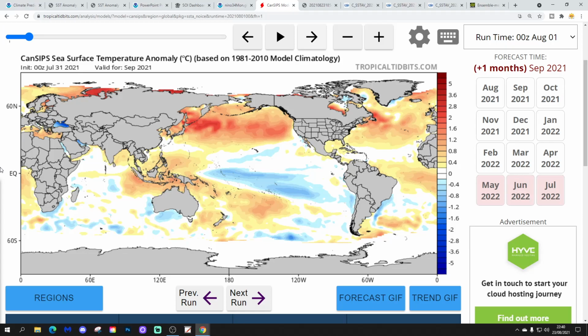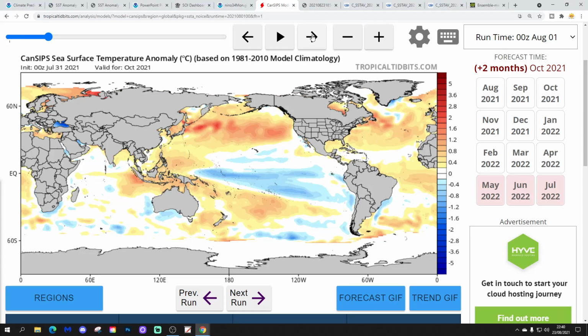That's how September looks. So that warmer than average area of sea surface temperature anomalies just sort of shrinks and fades away in the eastern part of the Equatorial Pacific Ocean in September. Meanwhile, the central and western part of the Equatorial Pacific Ocean begins to turn that little bit colder.